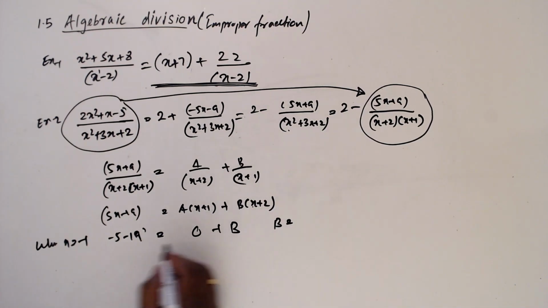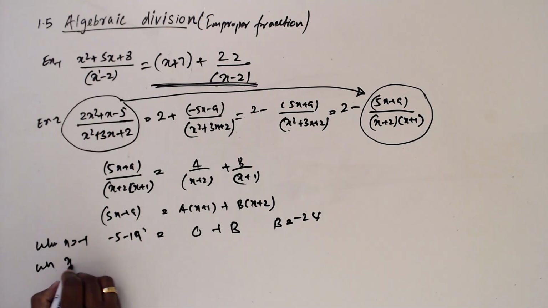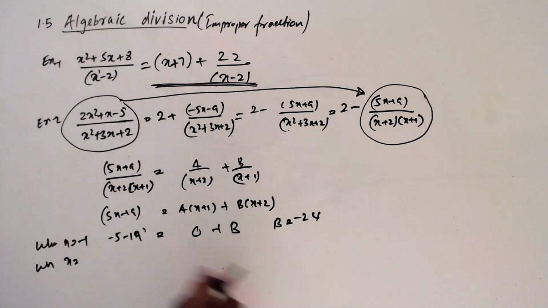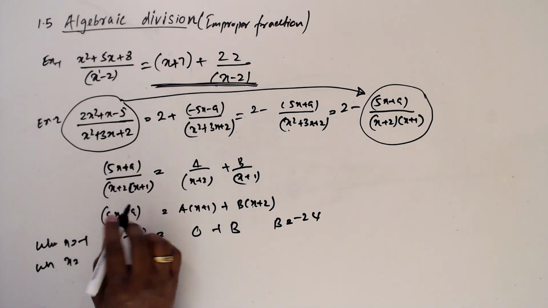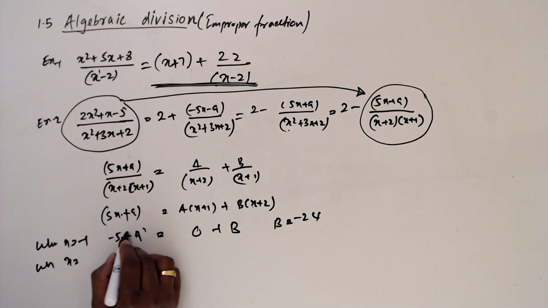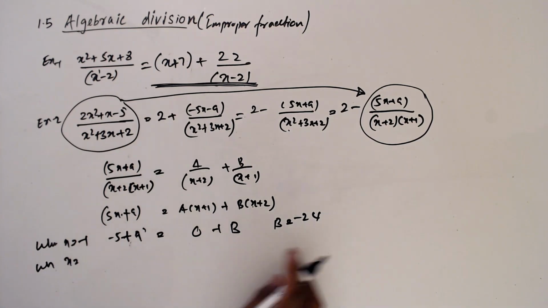So b is going to be 9 minus 5. Sorry, this is plus 9 and this is plus 9, so minus 5 plus 9, this is going to be plus 4.